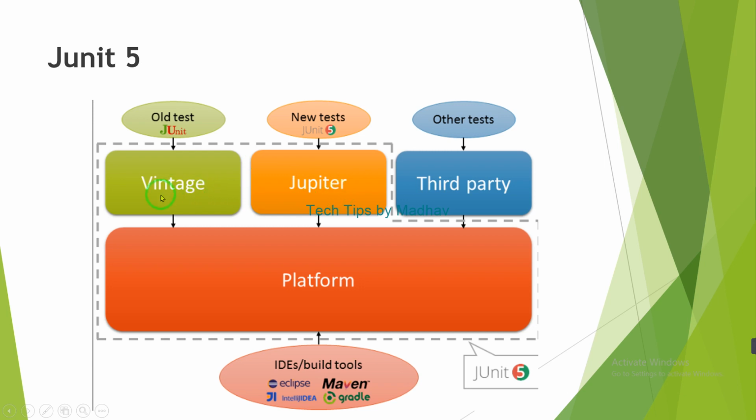As we discussed in the previous slide, Vintage helps with backward compatibility, and Jupiter helps you to write a new way of writing JUnit test cases. And if you see below, there are the IDE and build tools. These can easily integrate with the JUnit 5 platform. It has a very powerful user interface, they can easily connect with it, and they can run their JUnit test cases on the JUnit 5 platform.